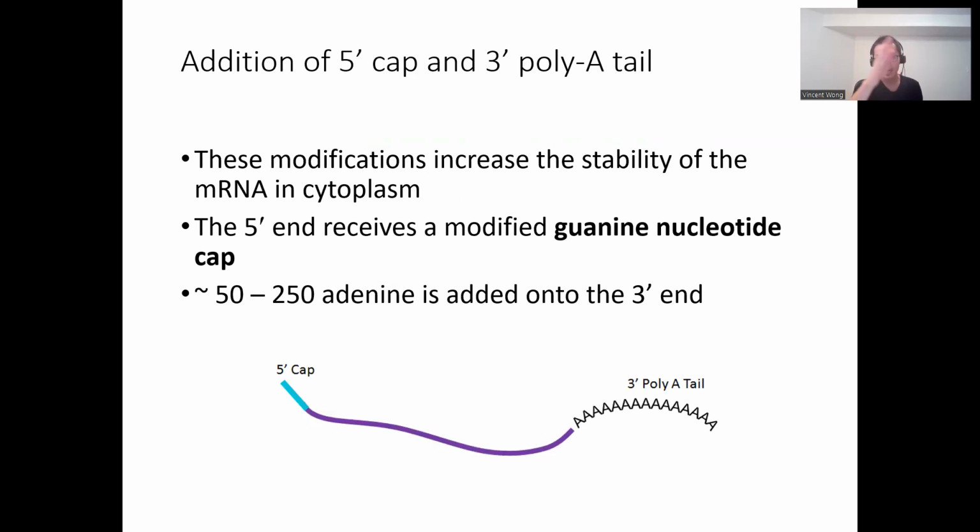So 5' cap and 3' poly A tail. These 2 things are going to increase the stability of the messenger RNA. It's going to make it more stable. That is important because we can change the half-life, we call it. We can change how long the messenger RNA is going to last in the cytoplasm.